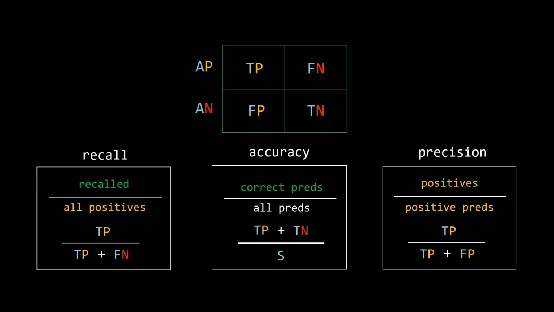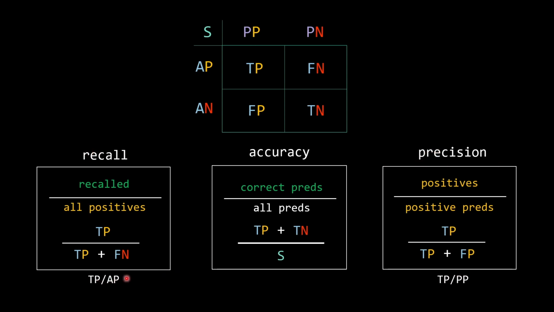For reference, I'm going to bring back this notation for the rows, actual positive, actual negative, and I'm going to bring back this notation for the columns, and then obviously the S. Seeing it like this, we can say that another way of writing recall is true positive over the actual positive, and precision as true positive over the predicted positive. So this is one way to differentiate the two, if you're confused between recall and precision.